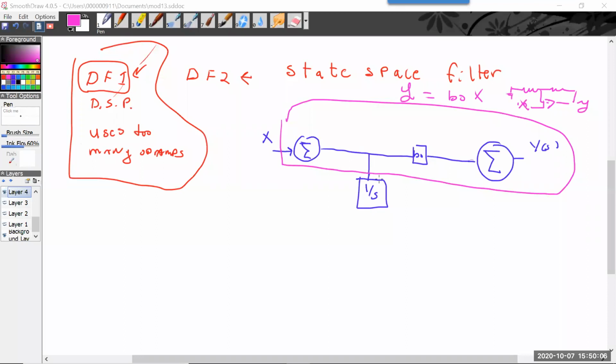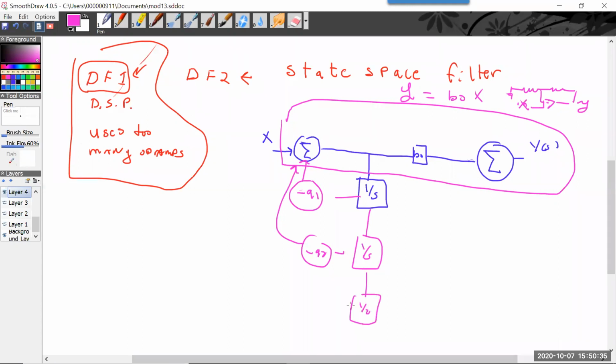So we have 1 over S, and that's fed into a gain stage, and then it's put into a summer. Then we can have another integrator fed in here, and then we have another integrator, and that would be A3.